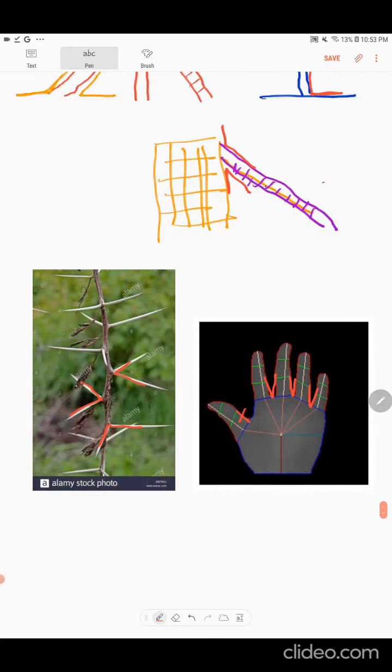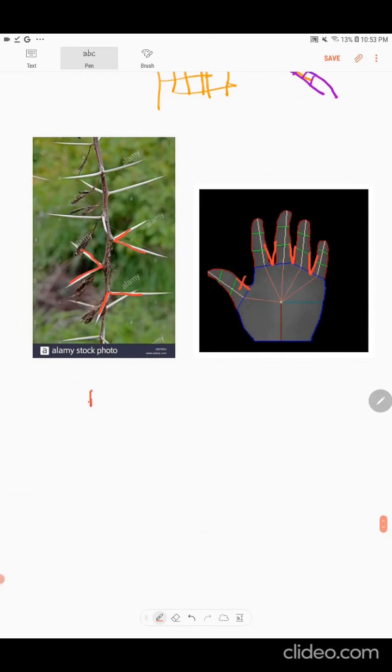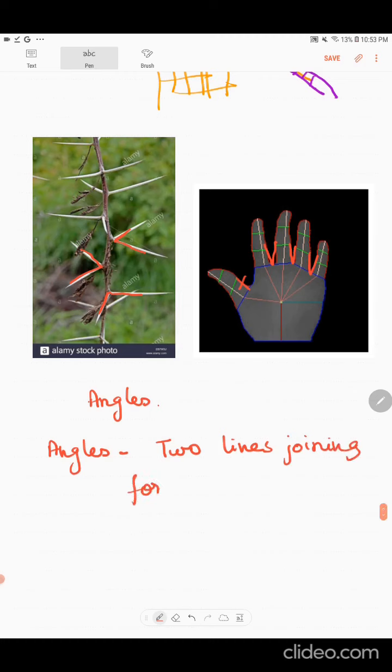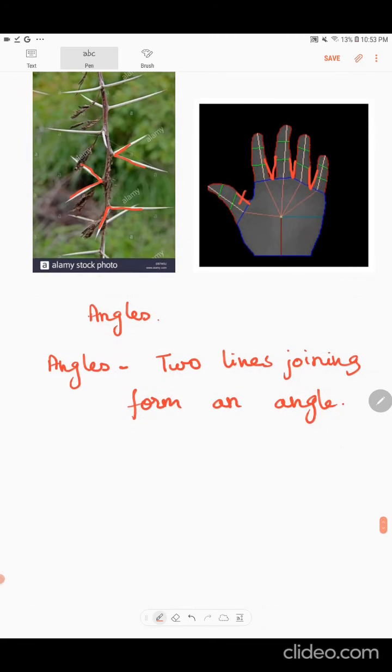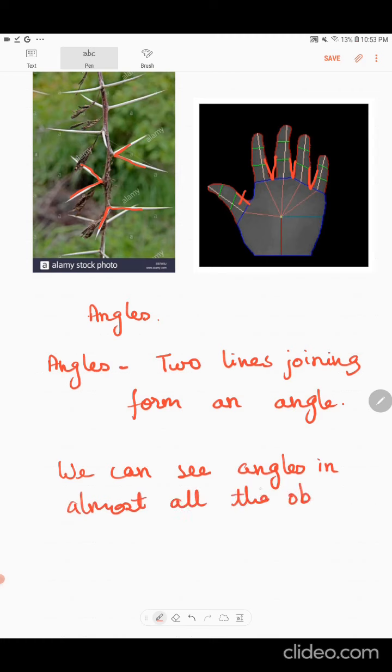So children, today we have finished the part on angles. So what are angles? Two lines joining form an angle, and you can see angles in almost all objects.